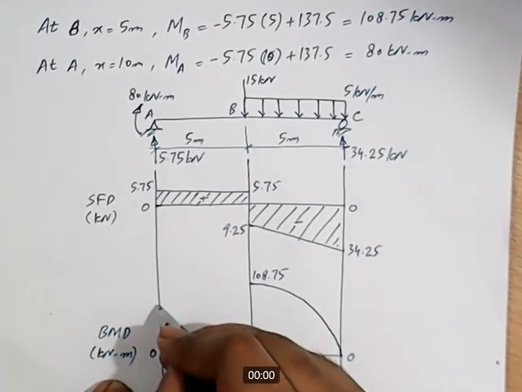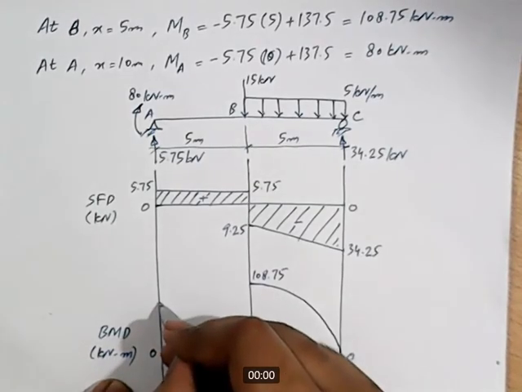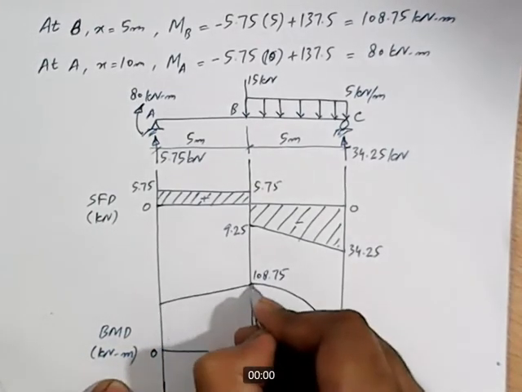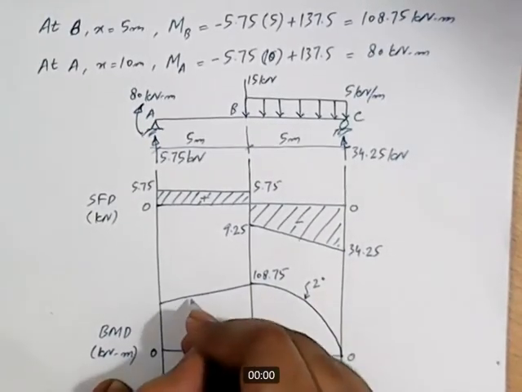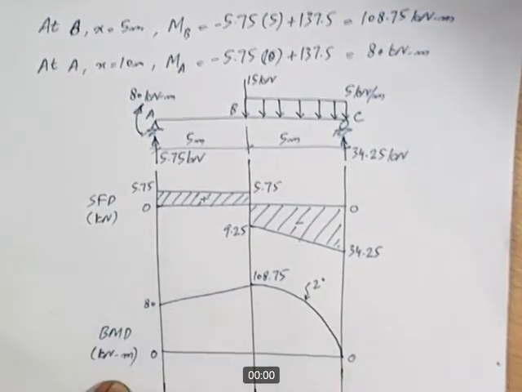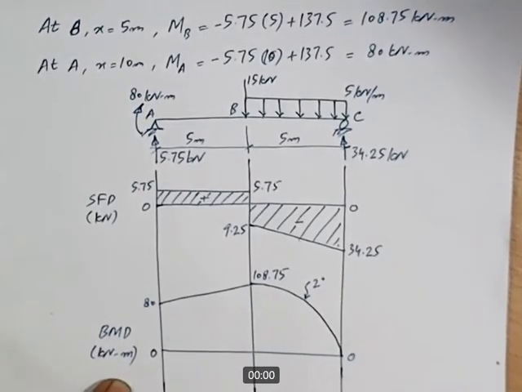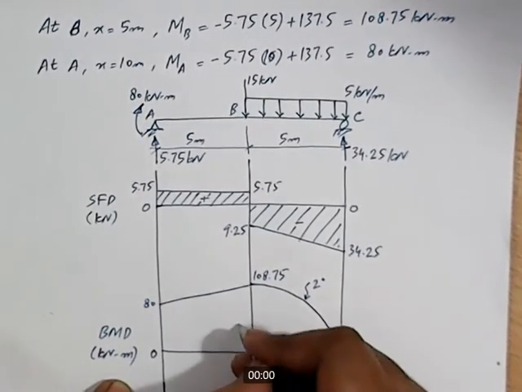The equation of bending moment for portion AB is first degree, so these points will be joined together with a first degree line. This line is second degree, whereas this line is first degree, and this value is 80. This completes the bending moment diagram for this part.